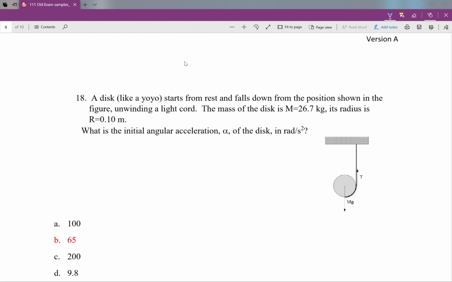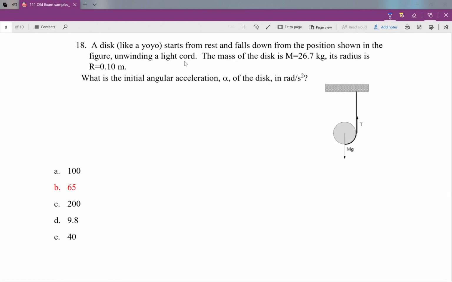Okay, this is a pretty fun problem. This is a little tricky, but we have to take advantage of something here. We have to use Newton's second law.